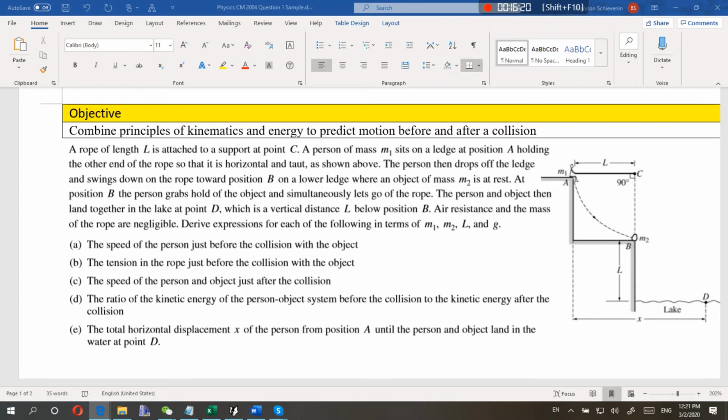So we have to find the horizontal distance from A to D. So I have to split this up into probably A to B, B to D, right? Yeah. Okay, let's focus on BD first.